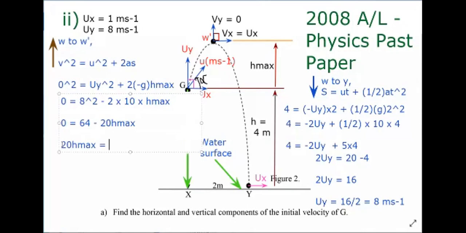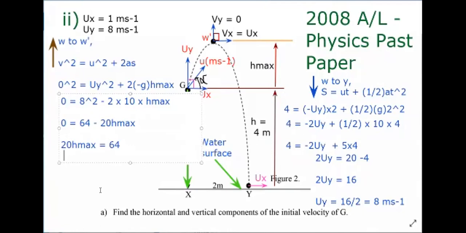So 20 H max equals 64. If you take 20 to the other side, you can find H max. So H max equals 64 divided by 20. Multiplication by 20 goes to the other side as division by 20. That's how it goes to the other side of the equals sign.